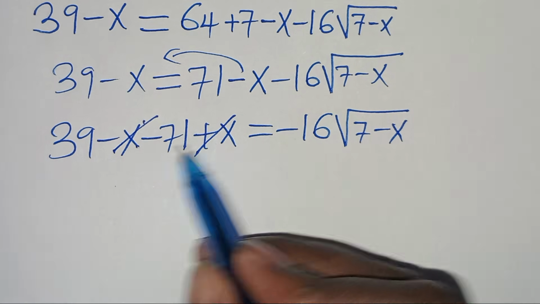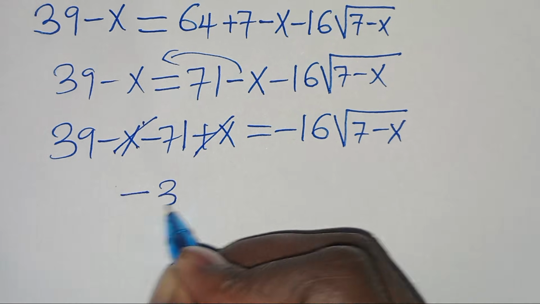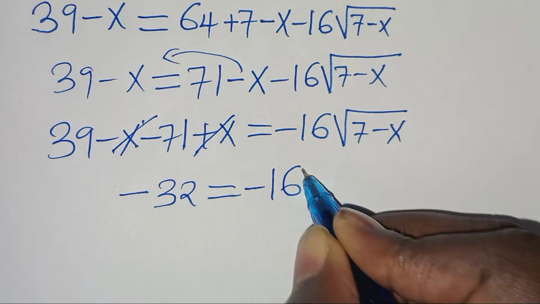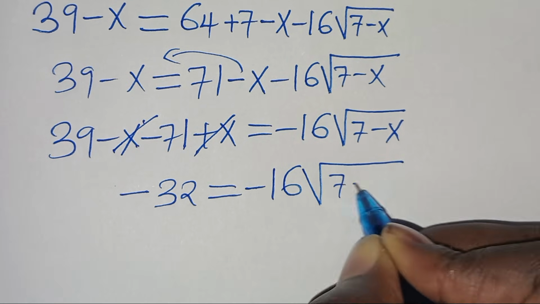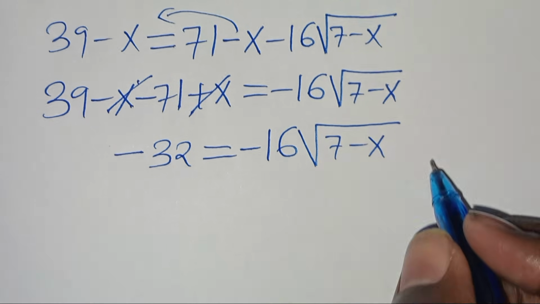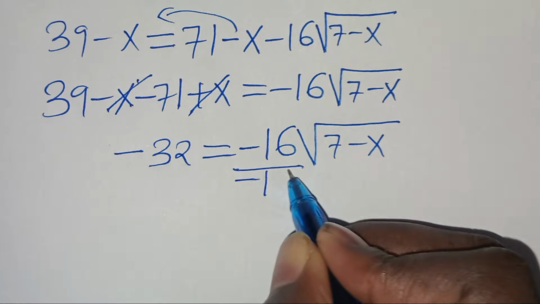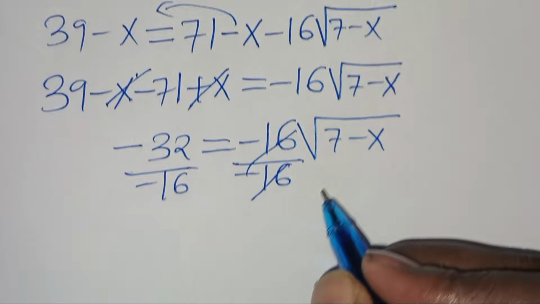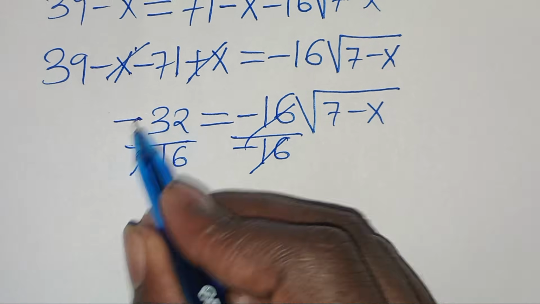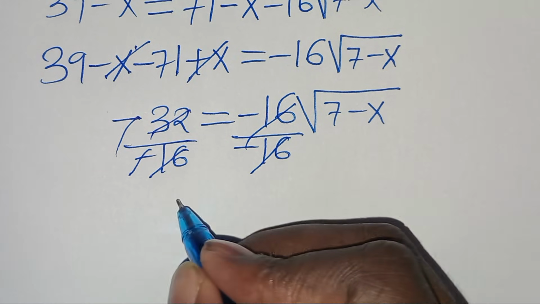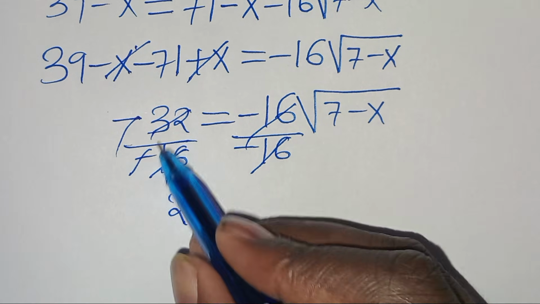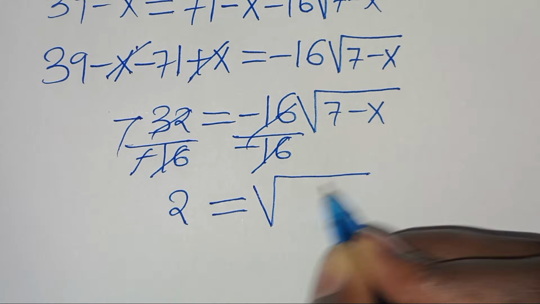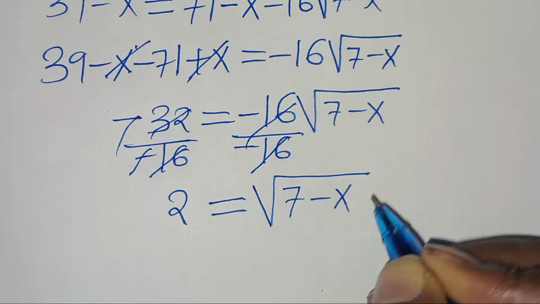Then 39 minus 71 is minus 32, equal to minus 16 times the square root of 7 minus x. So let's divide both sides by minus 16. Minus 32 divided by minus 16 is 2. So we have 2 equal to the square root of 7 minus x.